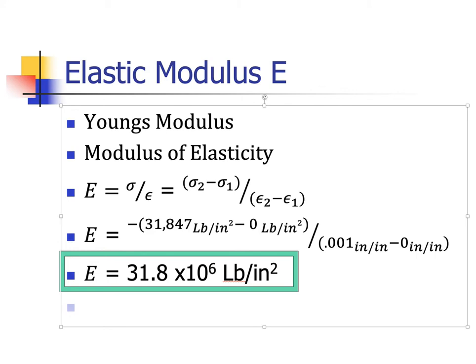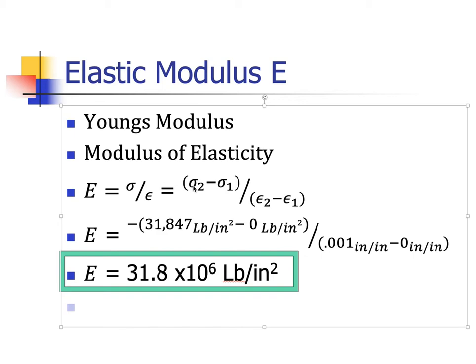Okay, so the elastic modulus, if we want to solve for that, also called the Young's modulus or modulus of elasticity. These look like scary letters. Greek looks like Greek to me, but remember that the elastic modulus is equal to stress over strain, or the change in stress over the change in strain.